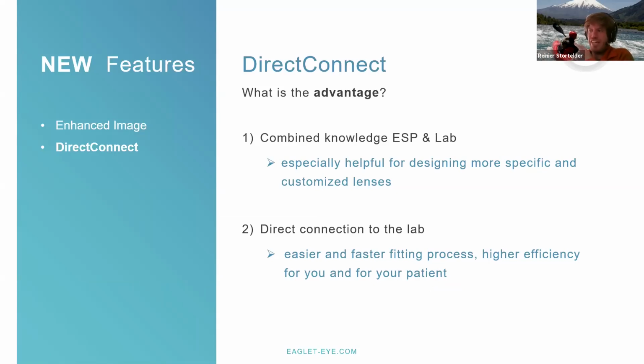Our first lens fit algorithm is designed in a generic way, so it can handle most of the features, but every lab has its own unique features, so therefore it's much better to push the data. So that means the first lens fit calculation as well as the 3D image to the lab, and they can use it to further fine tweak the lens fit.